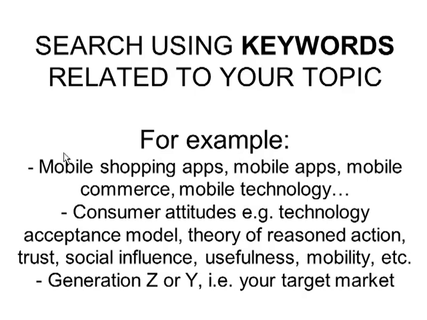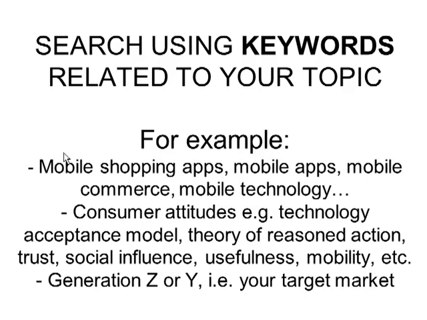I don't know if you all know, Generation Z are your teenagers, and Generation Y are typically aged 18 to about 37 now. So you need to work out your keywords, because the more specific you make your search, the more specific the articles you're going to get. The more of these phrases you sling together, the more specific the articles you're going to find.